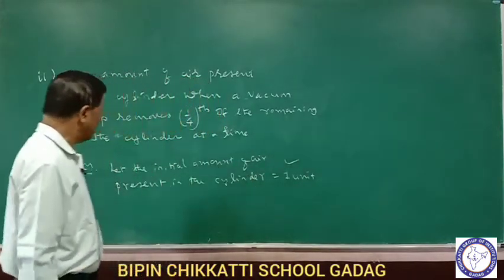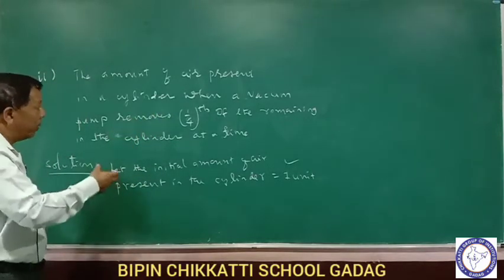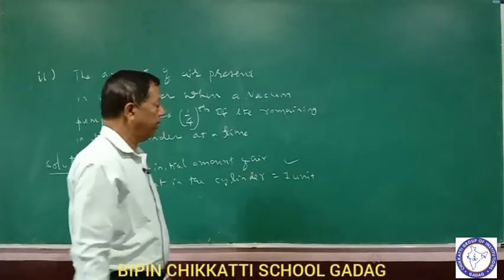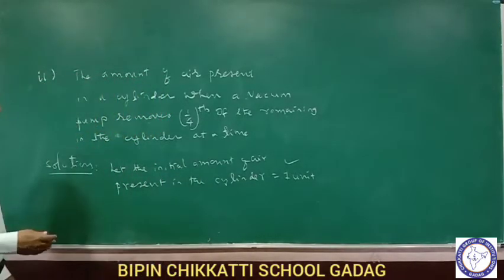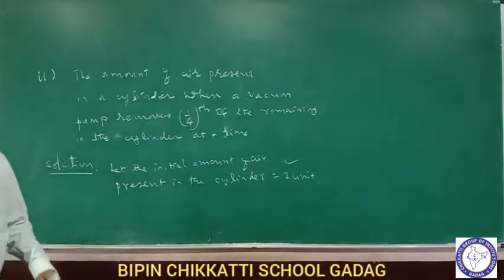But here you have to see, in the beginning, when the vacuum pump removes the air, you have to say 1 unit, and apply the removal of air, and accordingly see what number you will find.